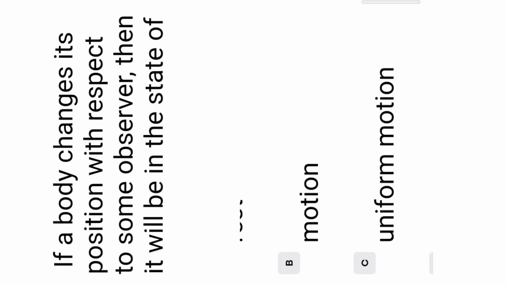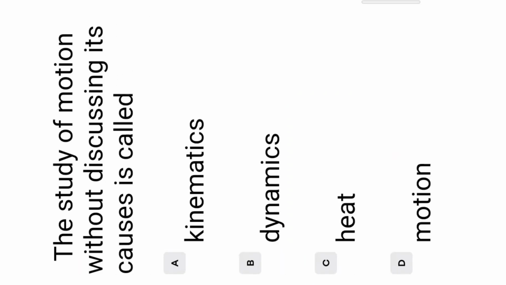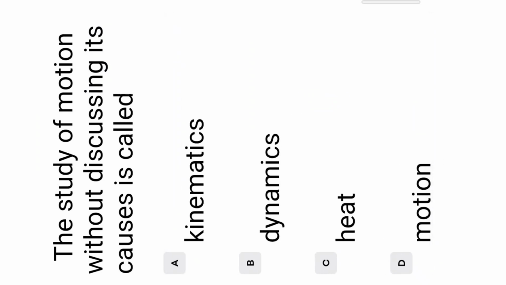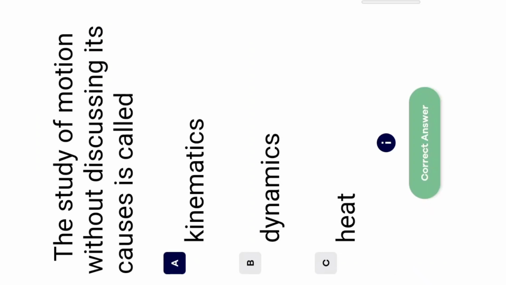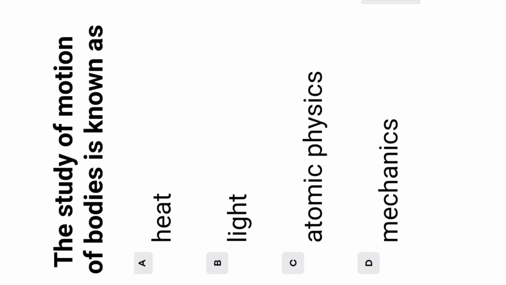So we take option B. The study of motion without discussing its causes is called A kinematics, B dynamics, C heat, D motion. Kinematics, option A is the correct answer. The study of motion of bodies is known as A heat, B light, C atomic physics, D mechanics. So D is the correct answer.